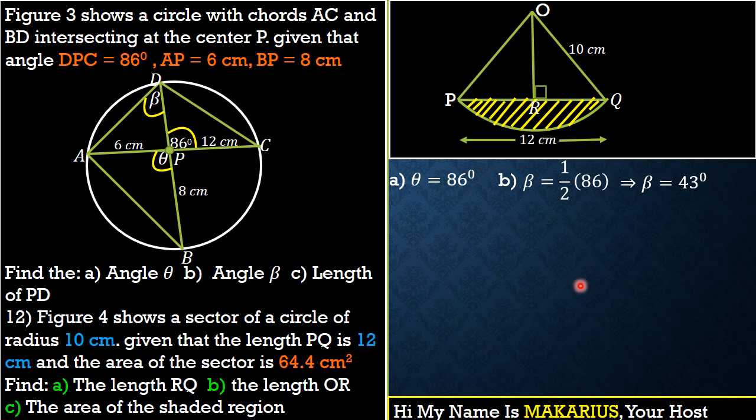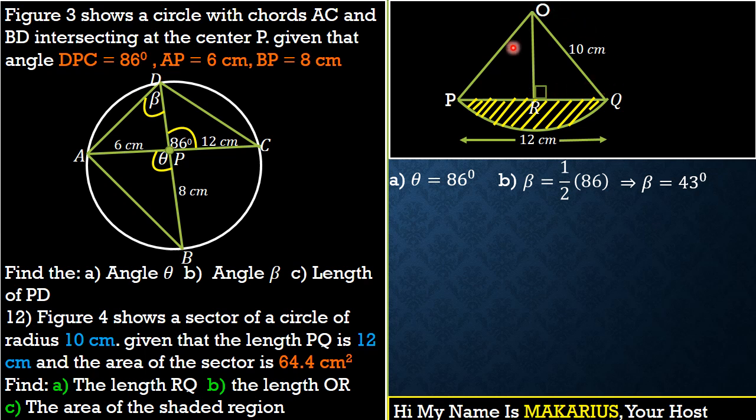Okay. Now, friends, since we are being told that this is a sector of a circle, the radius is 10 centimeters. A perpendicular line drawn from the radius of that circle straight downward needs to partition any horizontal line that connects 2 points along the circumference into 2 equal halves.